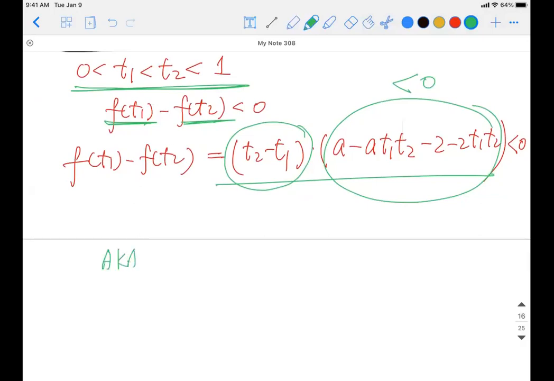AKA, you want this guy greater than 0. So a is lesser than 2 t1 t2 plus 1 over 1 minus t1 t2. Okay?